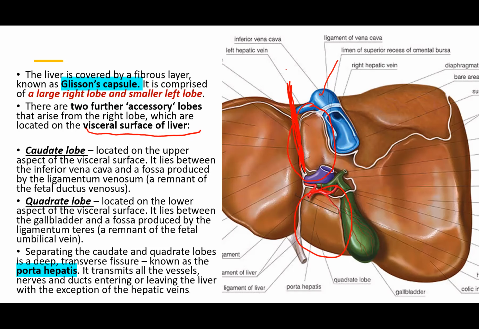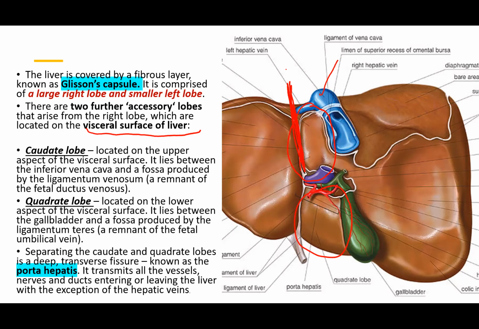Now, I'm placing emphasis on this because it can be twisted with the quadrate lobe in your multiple choice questions. So you should have the mental picture. The caudate lobe is located between the inferior vena cava and the fossa produced by the ligamentum venosum.